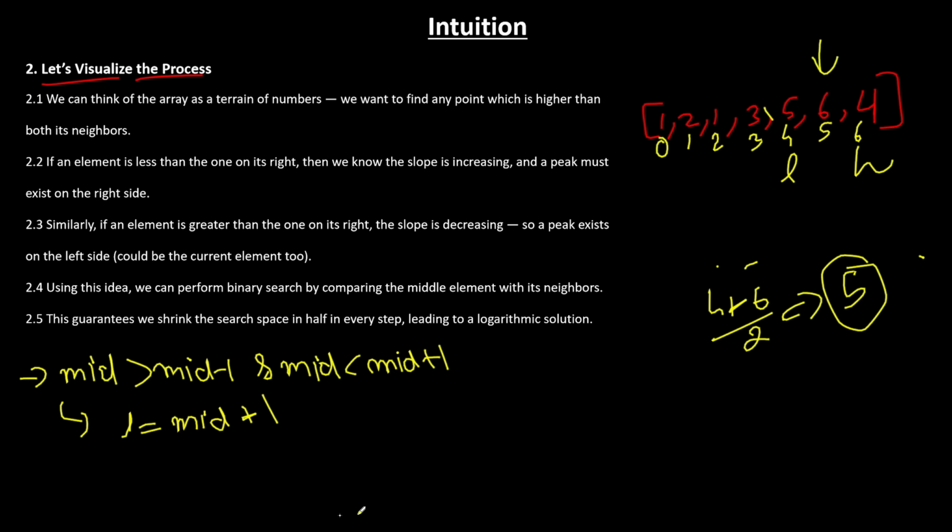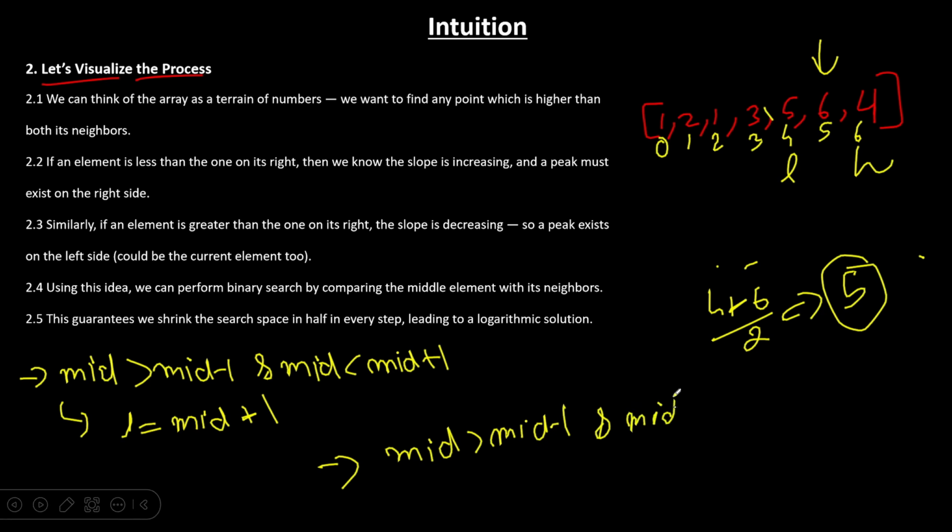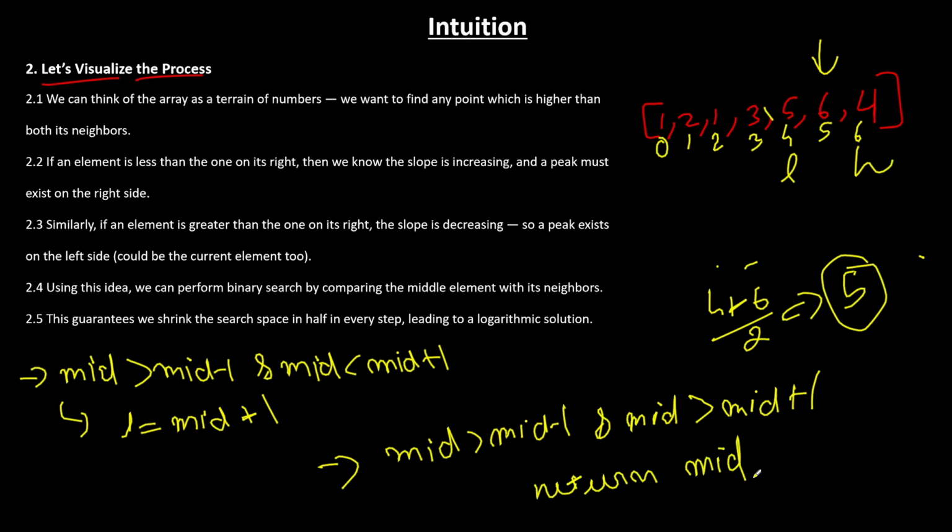Then we check if mid is greater than mid minus 1 and if mid is greater than mid plus 1, we just return the index which is mid, correct? In this scenario, you could see that this is the mid value and it is greater than 5, and it is also greater than 4, which means mid plus 1 and mid minus 1. So in that case we will return the mid.